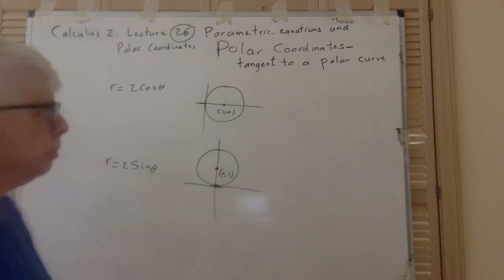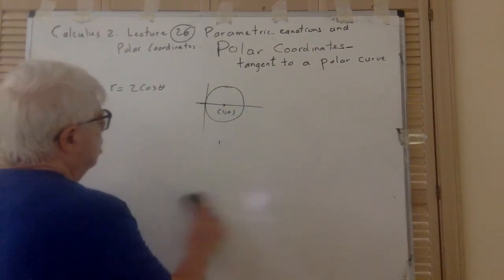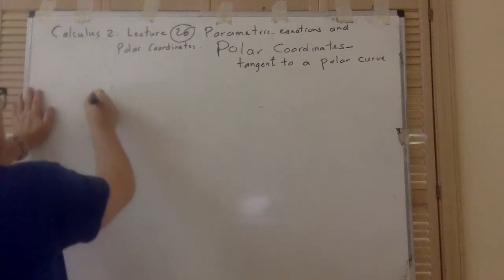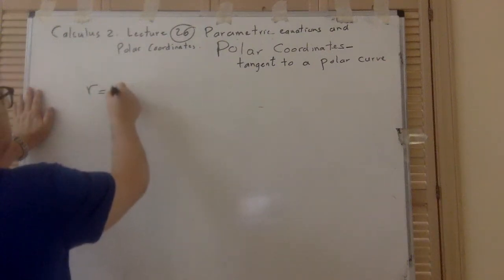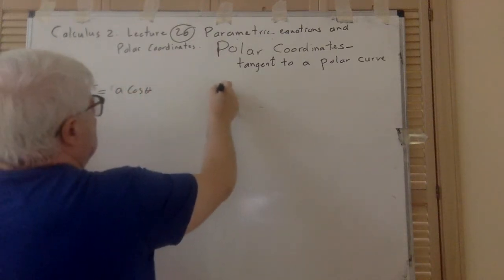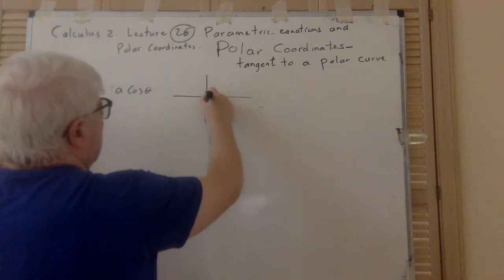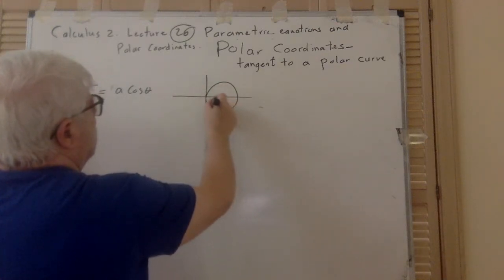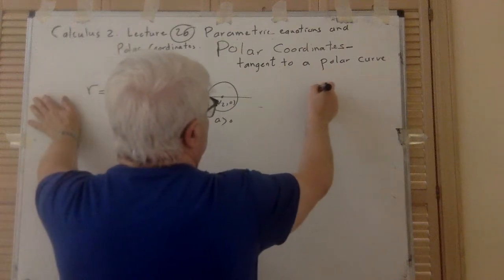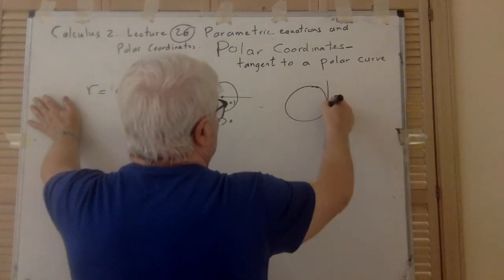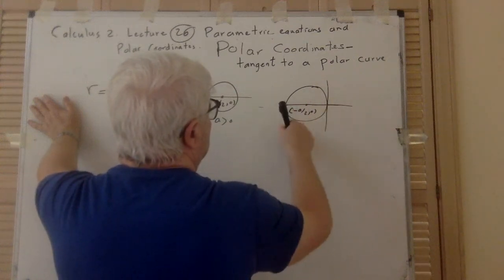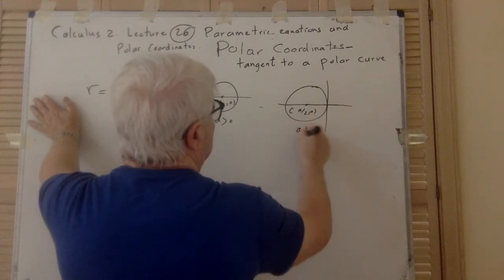So let me give you the general form of these. r equals, say, a cosine theta is either this, and it is at (a over 2, 0) when a is bigger than 0, or it is this, at (minus a over 2, 0) when a is negative.